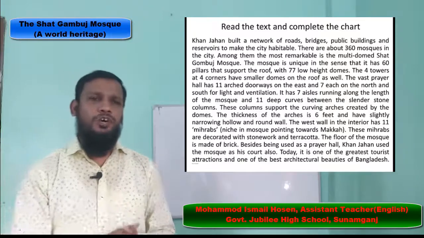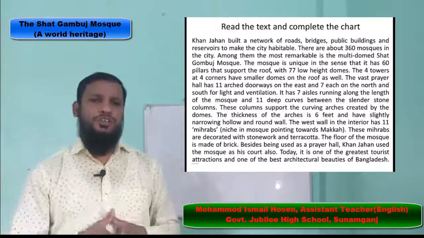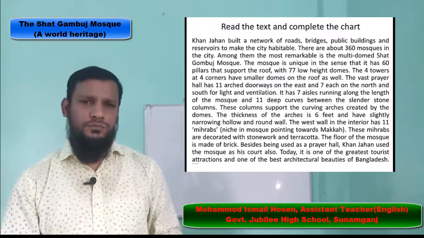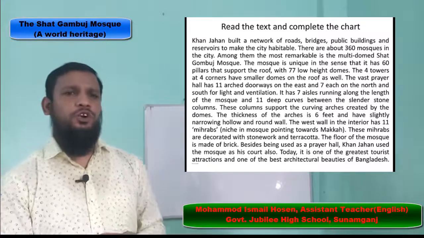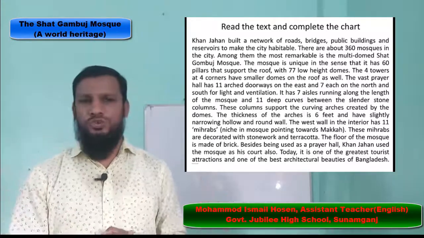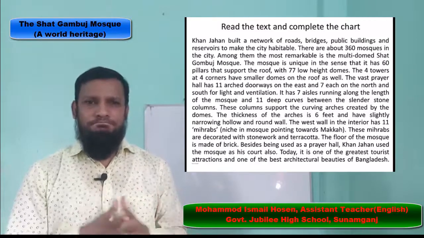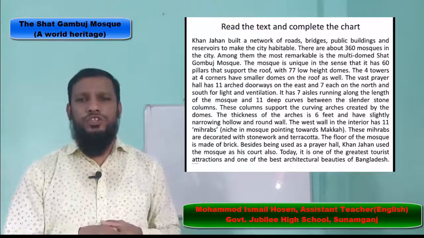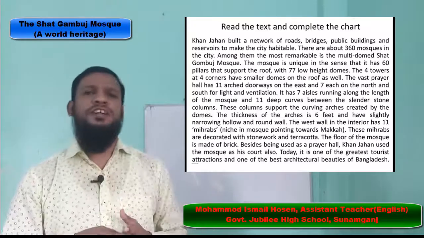The four towers at four corners have smaller domes on the roof as well. The vast prayer hall has 11 arched doorways on the east and 7 each on the north and south for light and ventilation.